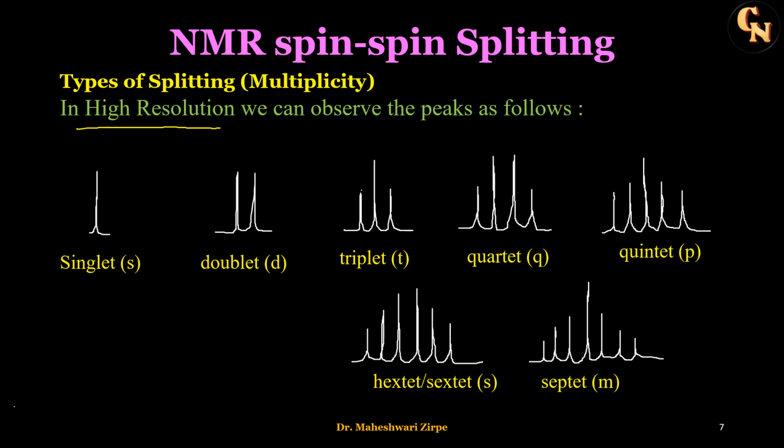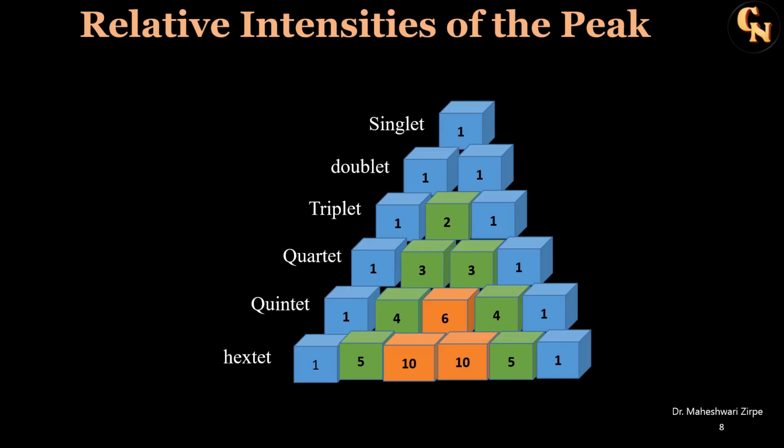So the height indicates the intensity of that proton or the signal. What is the intensity of that signal? Let us understand that with the help of one triangle, which we are going to study, the relative intensity of the peaks.